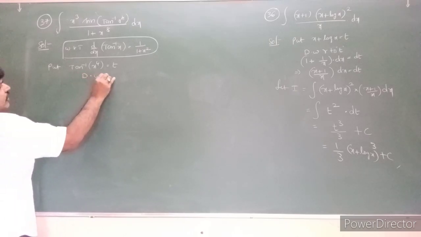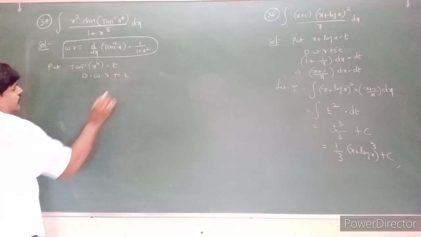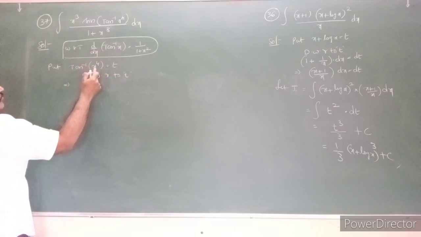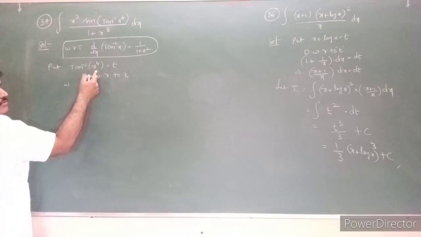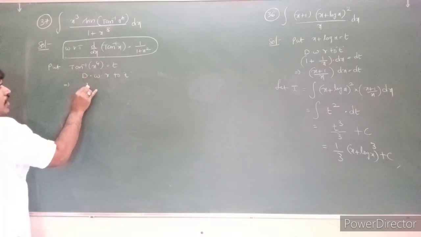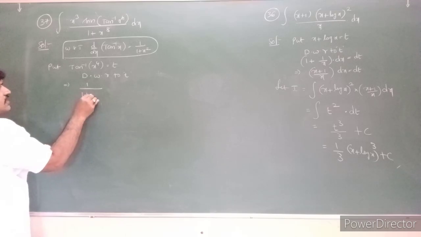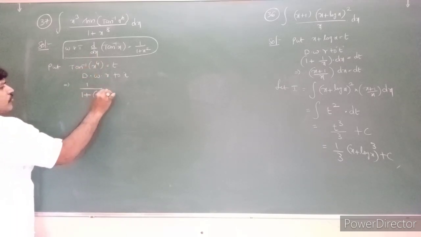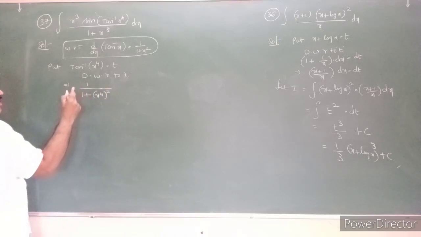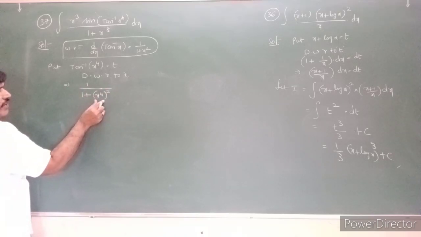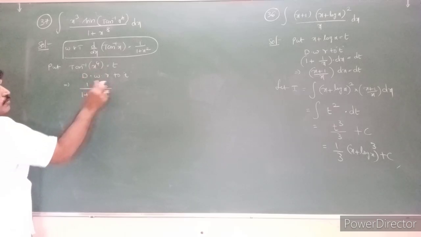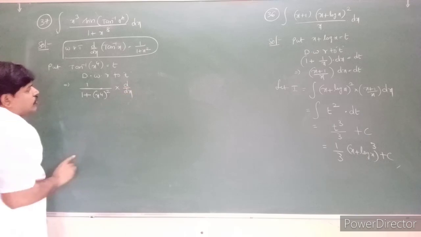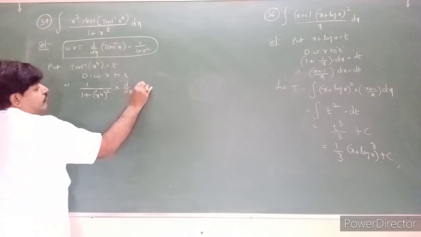Differentiate with respect to t. In the place of x you have x power 4, which means it is a function. So you will get 1 by 1 plus x power 4 whole square into the derivative of x power 4.